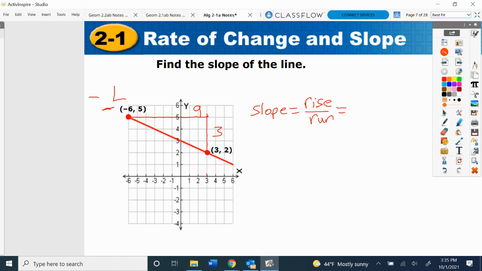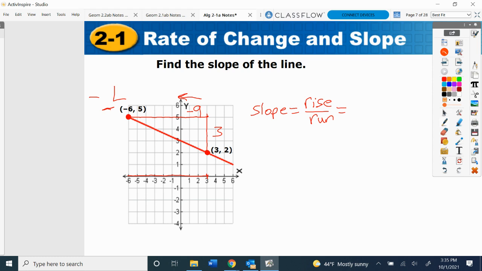Check it out: we were right here at 3, and as it goes this way, it goes in a negative direction because our numbers are going down. So that makes it a -9. That's what makes our slope negative.